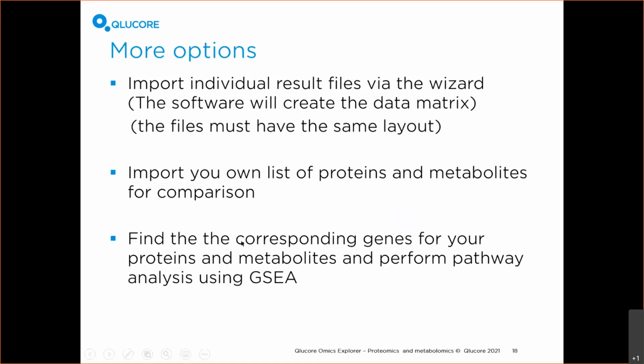And as I got a question on, you can also perform enriched pathway analysis with your proteins and metabolites, but you must then find either pathways that have protein and metabolite IDs in them, or find the corresponding genes for your proteins and the metabolites and enter them into your data set, and then you can perform pathway analysis. So that's the trick. You must compare with the same unique ID.